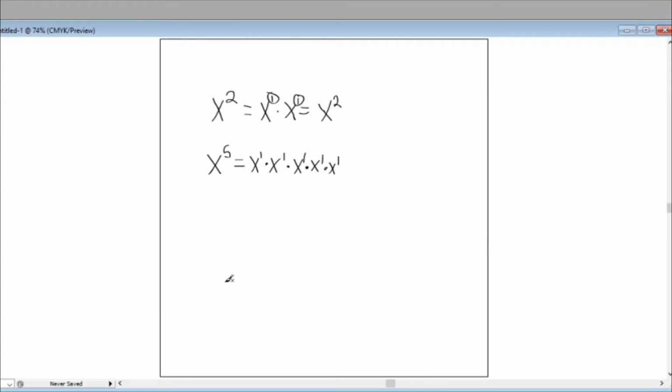So 5 of these things. And again, what we're saying here is, all right, this is x and x and x and x and x. How many of them do I have? I have 1, 2, 3, 4, 5. We just add up those powers. And yeah, it's x to the 5th.